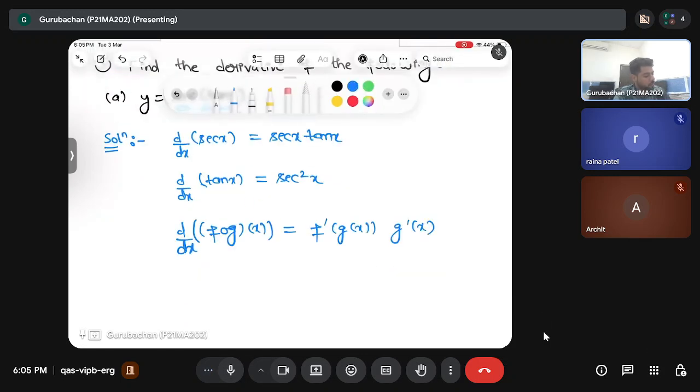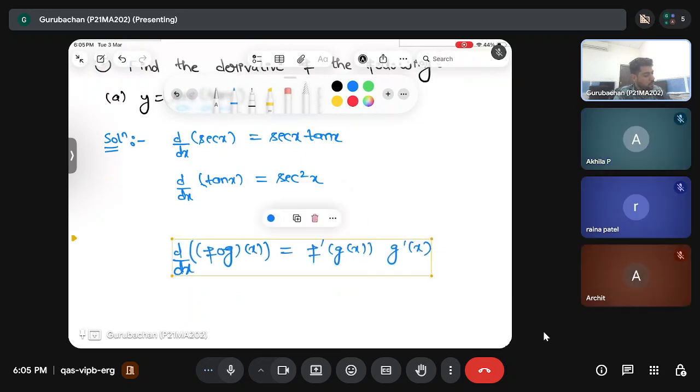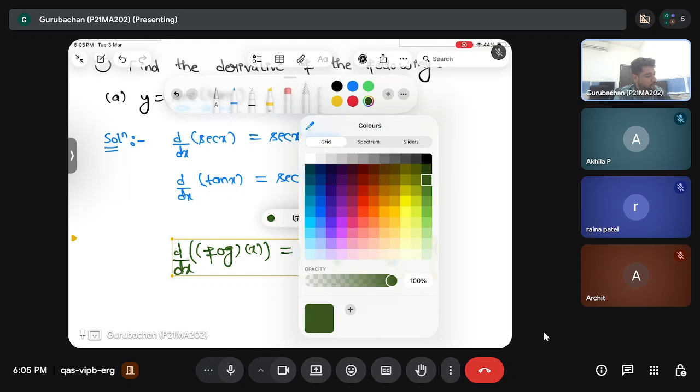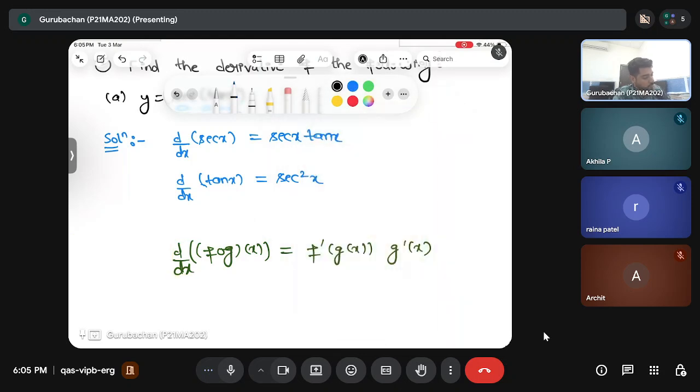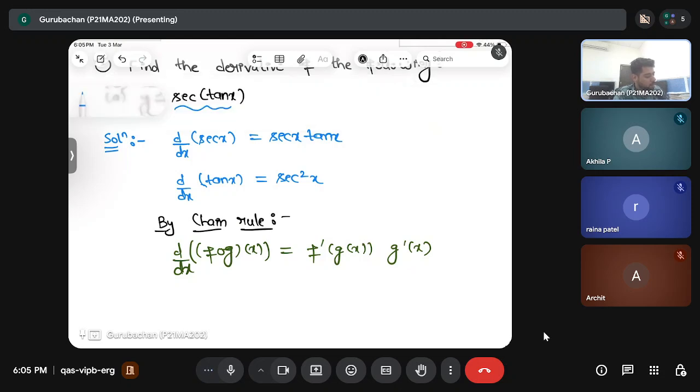This is by chain rule. So let us apply it here. How? We need to calculate the derivative of secant of 10x.